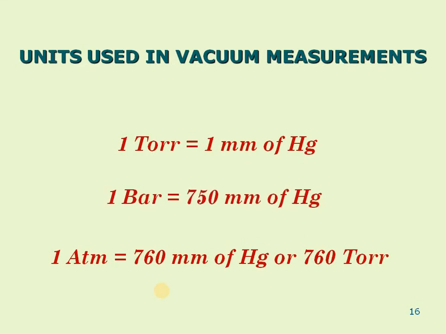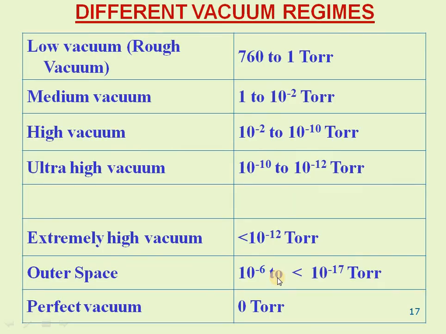And third one is 1 bar, equal to 750 millimeter of mercury. There is a certain difference between 1 bar and 1 atmosphere. Keep that in mind.